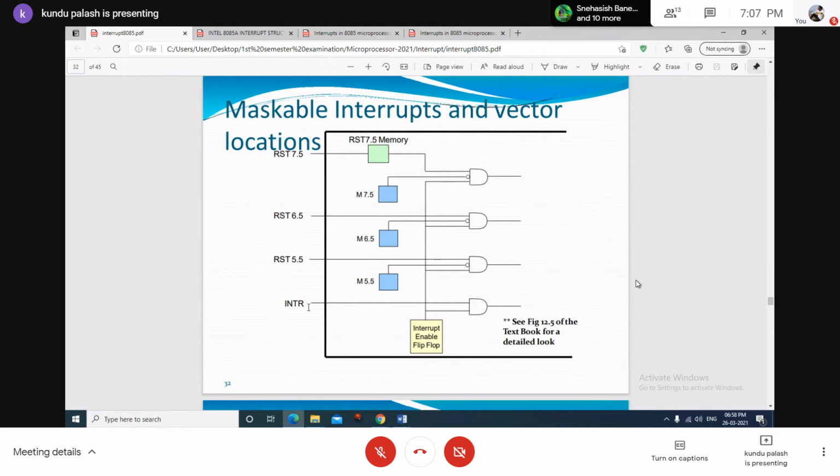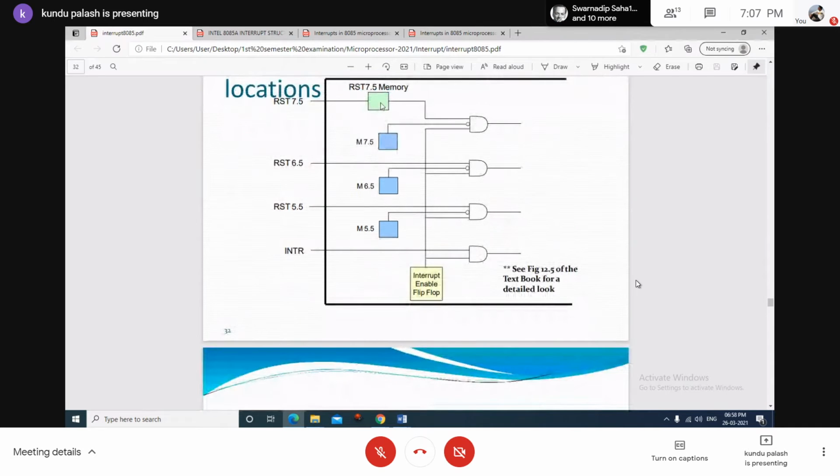But INTR does not pass the request signal to the single bit mask register, the flip-flop basically. So with the help of a program or software instruction, 1 or 0 can be set to the mask register. So that is the meaning.